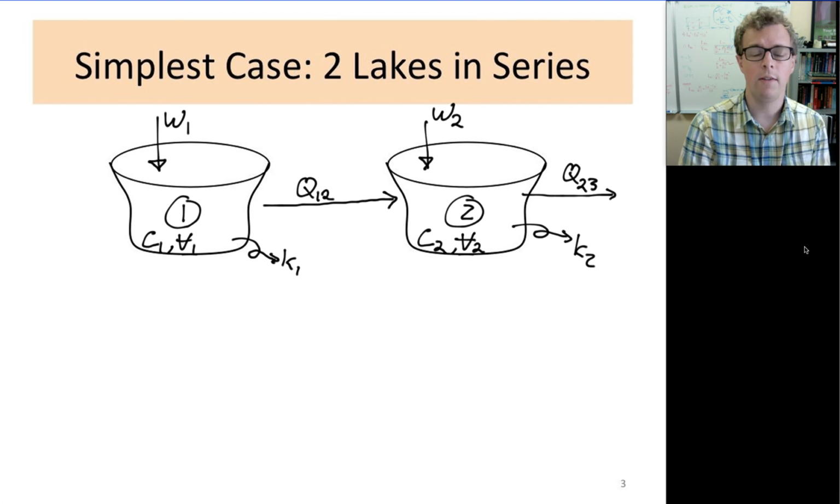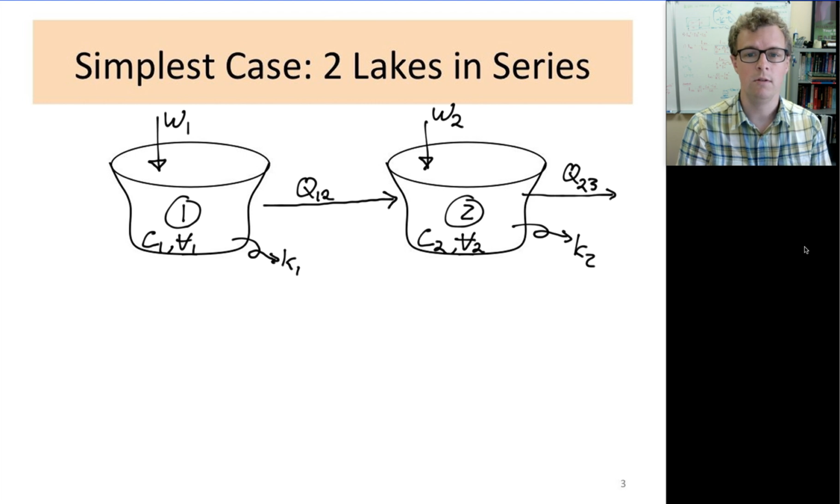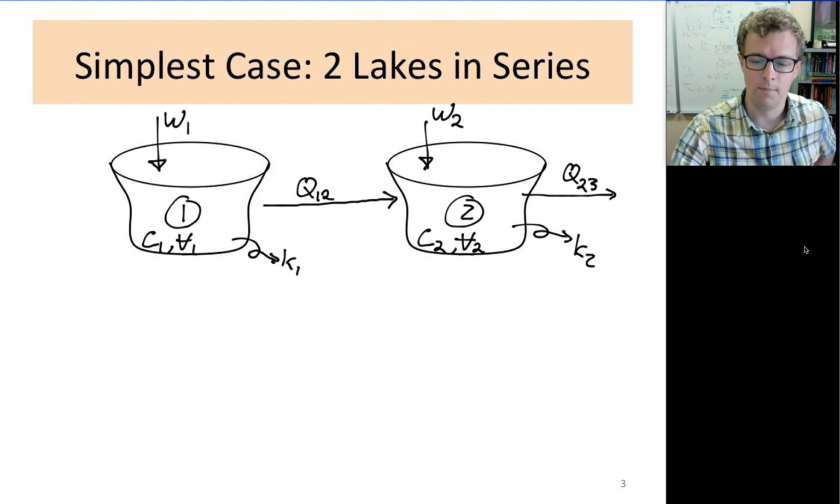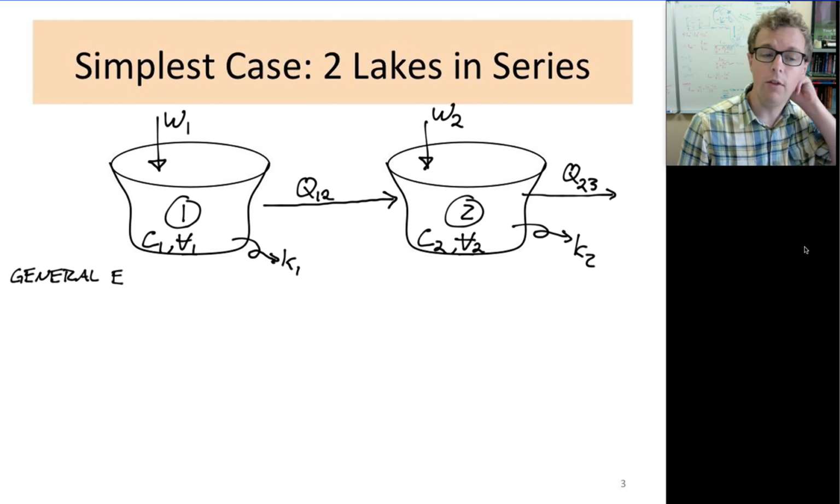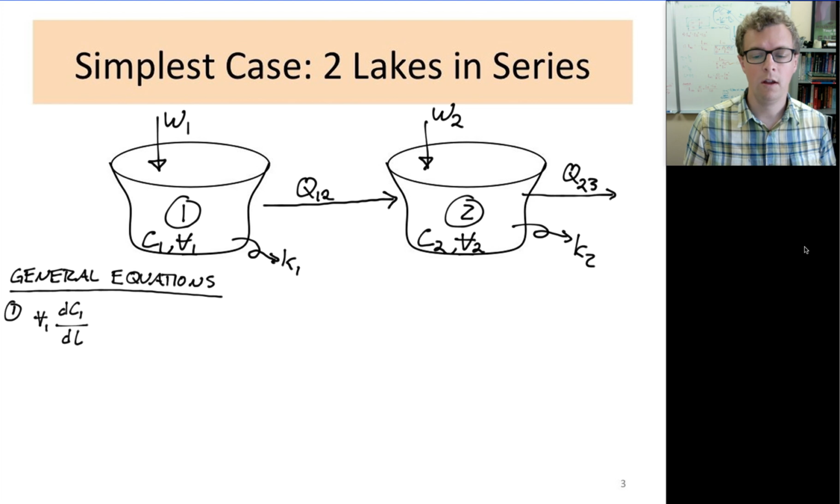You'll notice that now that they're connected, I've labeled the discharges between them Q12 and Q23, assuming that moves on to some future CSTR. Now, for either one of these two CSTRs, at this point in the class, you should be comfortable writing out the general equation. So the accumulation of mass in the system, or the time rate of change of mass in the system on the left-hand side, is equal to the loads minus the outflows, or the sinks.